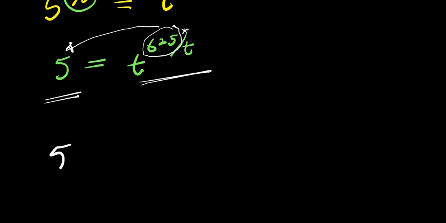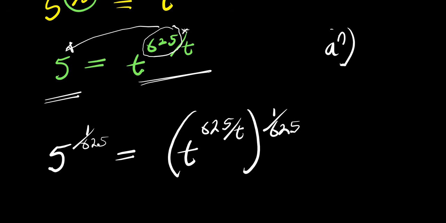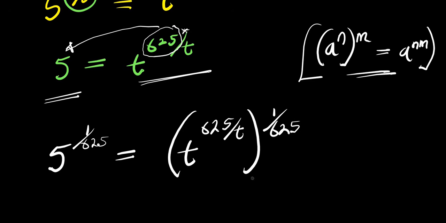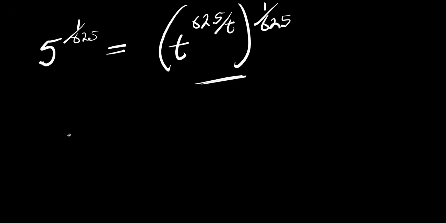So I'm going to have 5 equals, this is t to the power of 65 divided by t. I can multiply this exponent by 1 over 65. And this is 1 over 65 as well. So we go back to the same identity of a to the power of n raised to the power of m equals a to the power of n times m. Applying this identity here, we are going to have 5 to the power of 1 over 65.